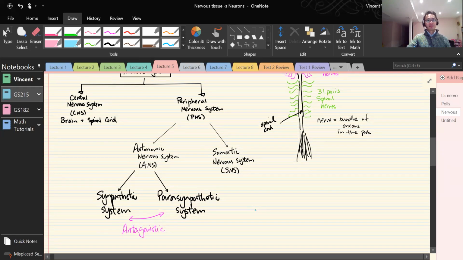Think about that. It's going to be SNS, isn't it? So if you prick your finger, that afferent pathway is going to begin right here, and then it's going to go towards your central nervous system. So this is like pricking your finger.